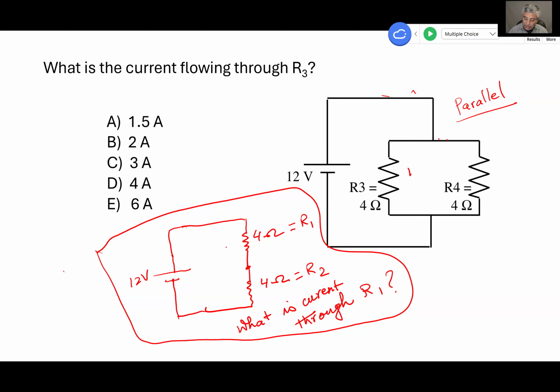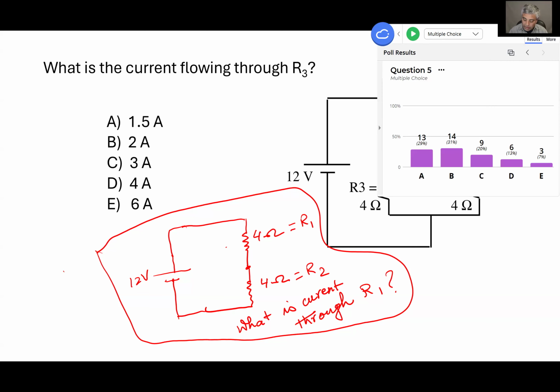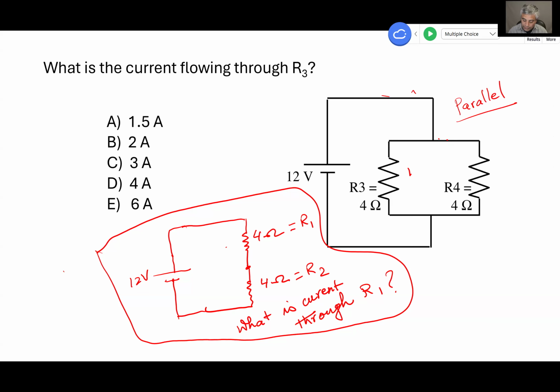Okay, let's see what we got. We have everything here. A and B are competing. Good thing many of you did not just do 12 volt divided by 4. That would have been 3. Looks like some of you still did that.